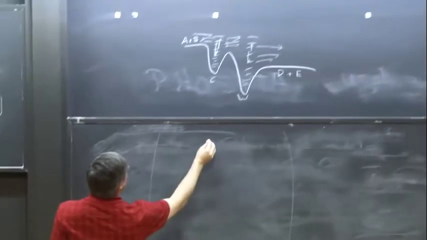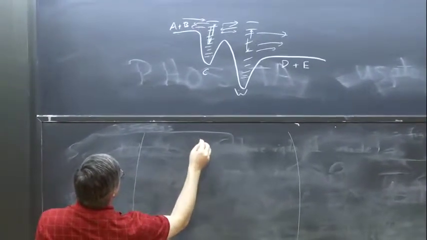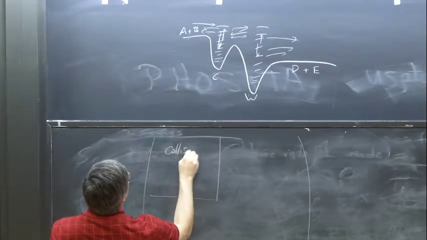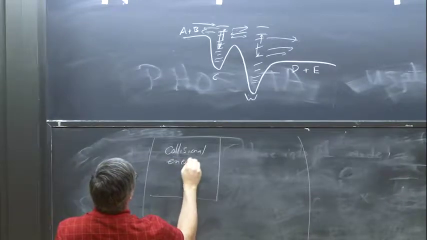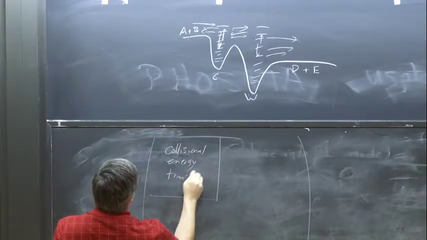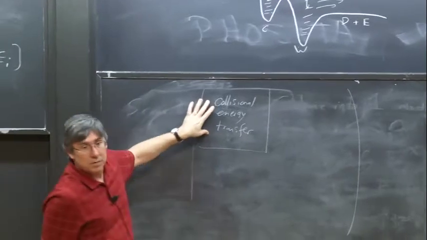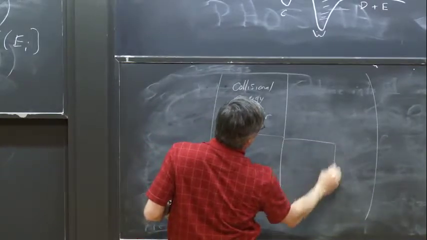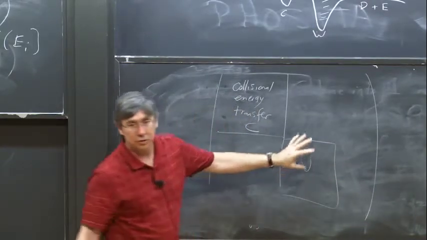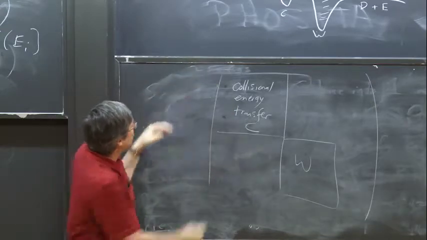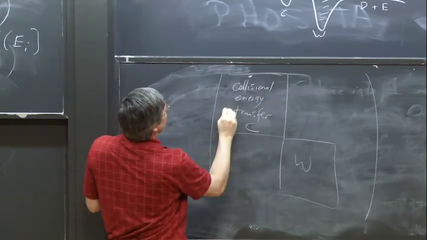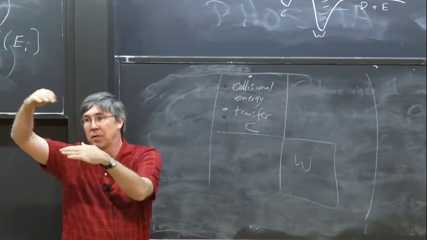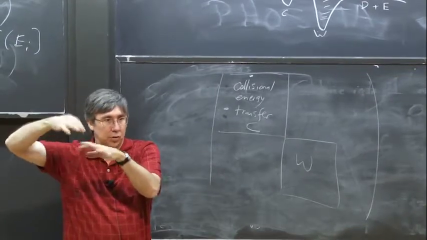So I'm going to end up with a block of states that are states of C, and this block is all about collisional energy transfer inside C. And then I have a block that's all about W, collisional energy transfer inside W. The off-diagonal elements here are numbers like the omegas, the probability of an energy transition from this state of C to that state of C due to collisions.